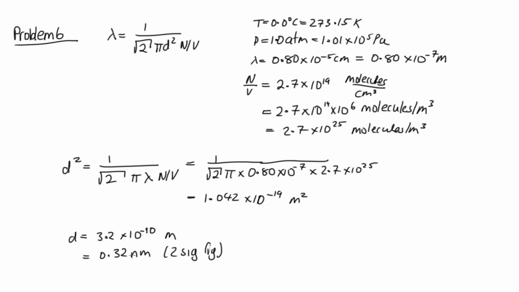Now it's a good idea just to make sure that this makes sense. We've been asked to find the diameter of a molecule. We know atoms and molecules have lengths of the order of magnitude of 10 to the minus 10 meters, an angstrom. So this is the right order of magnitude. So we haven't made a mistake in this case.